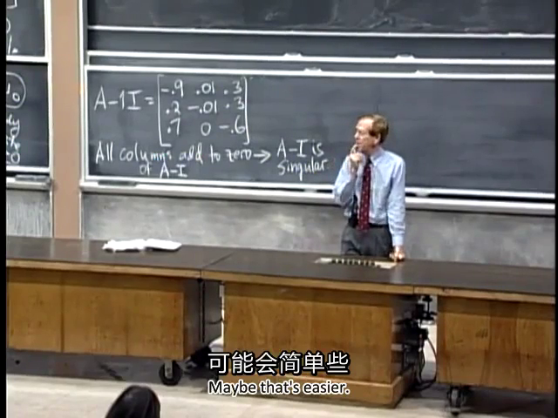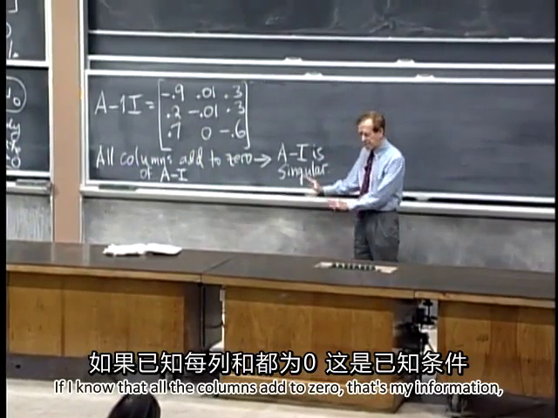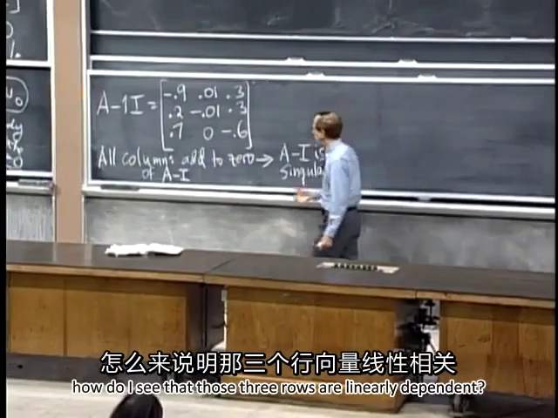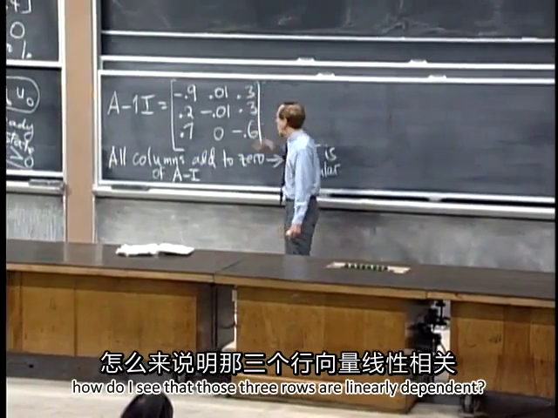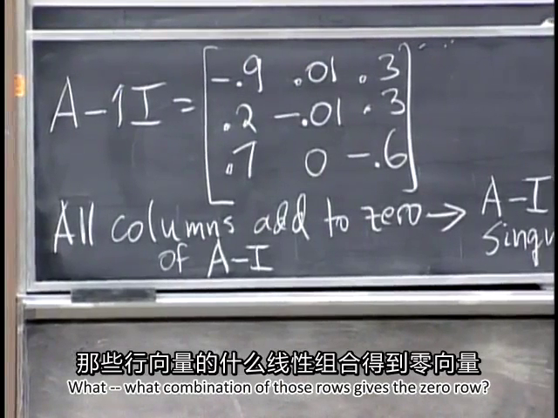Maybe that's easier. If I know that all the columns add to 0, that's my information, how do I see that those 3 rows are linearly dependent? What combination of those rows gives the 0 row?